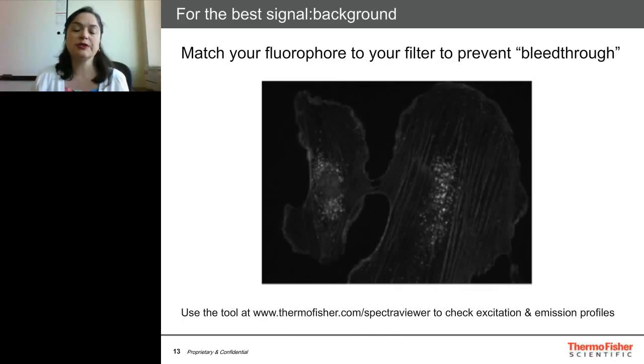Another thing to do in the experimental design portion is make sure that your fluorophores are the best match to the filters on your microscope, and that can prevent what we refer to as bleed through. What you're seeing here in this black and white picture is a label that was intended to show up in the TRITC channel.